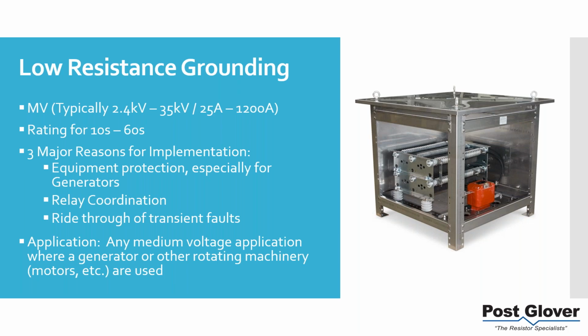Actually, I should say you can go to extended ratings for this. 10 seconds and 60 seconds are the most common, with 10 seconds by far the most common. But you can extend past 60 seconds. It's just pretty rare because at that point you're pretty close to continuous, and there are not that many applications that would utilize that. But it can be done. Just want to let you know what's common.